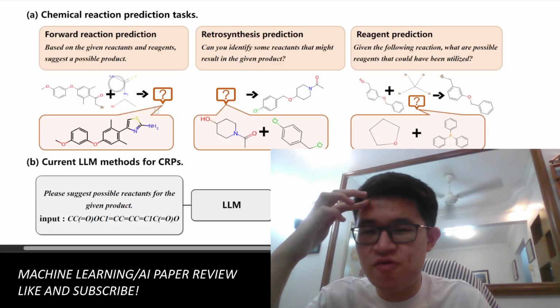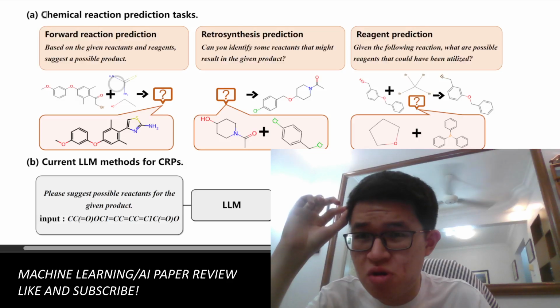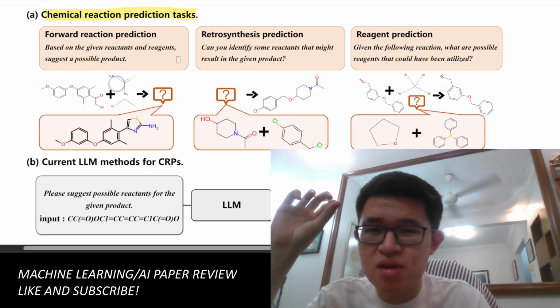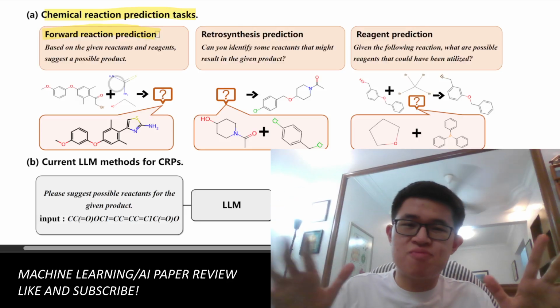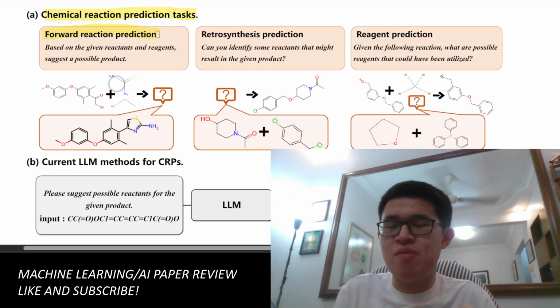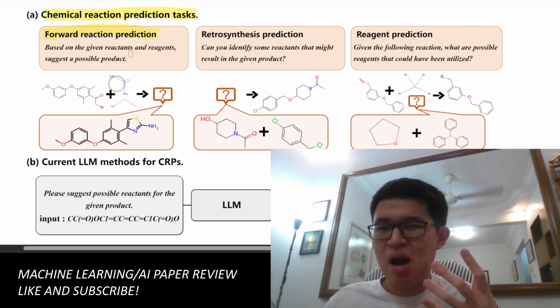Right here they have a diagram from what I can tell. These are the prediction tasks usually. For those people who are not a major in chemistry, there are different types of predictions that you can make typically when you're trying to synthesize a molecule.